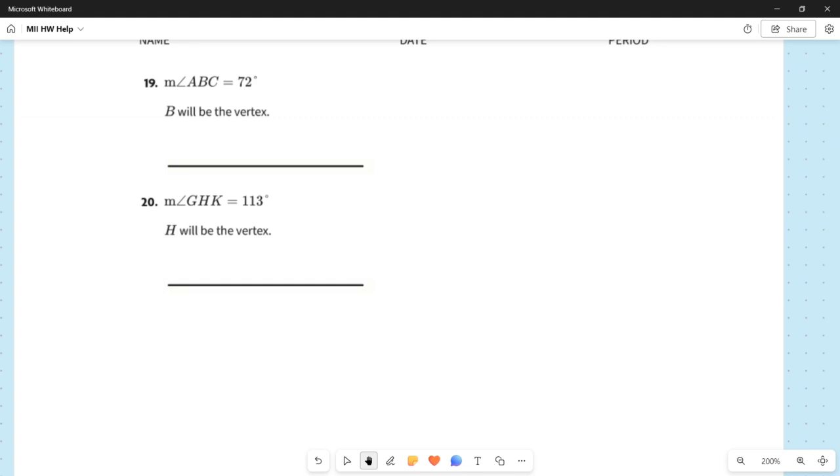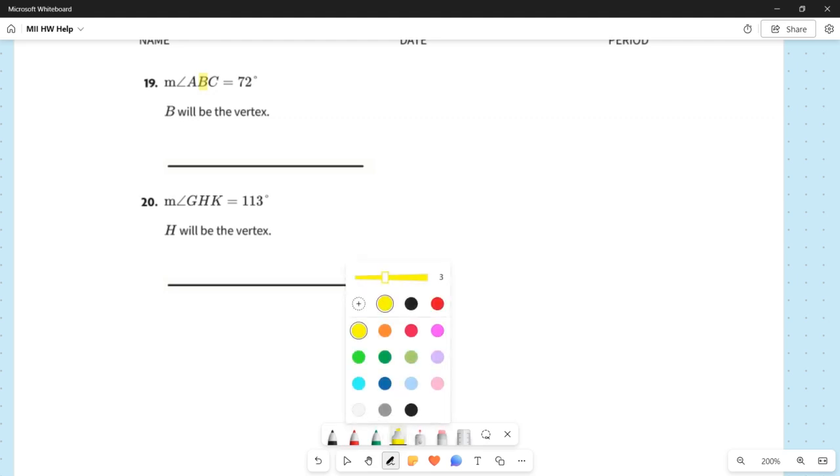Well, even if we were not explicitly told that B will be the vertex, we still know that B is the vertex because B is the middle letter. Whenever an angle is named using three letters, in this case A, B, C, the middle letter is the vertex because you trace the angle in the order that the letters are written.